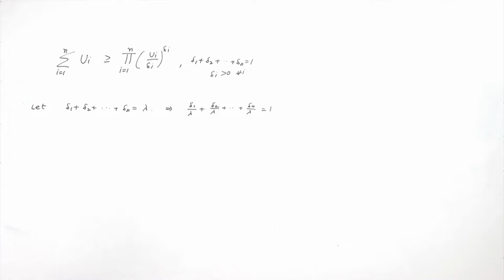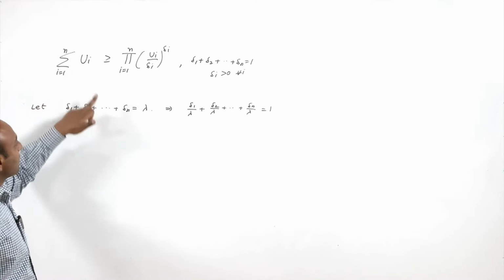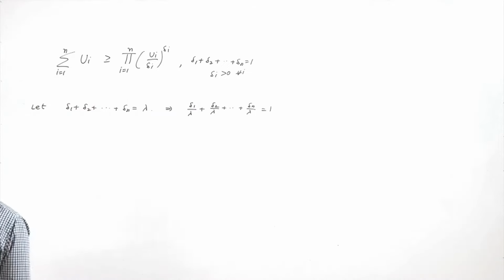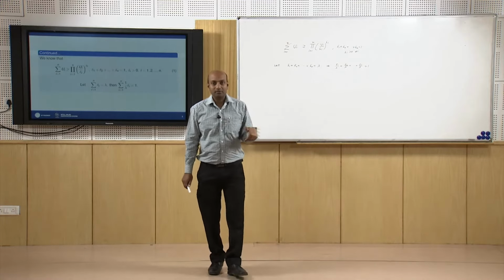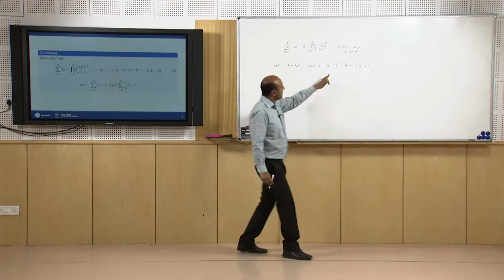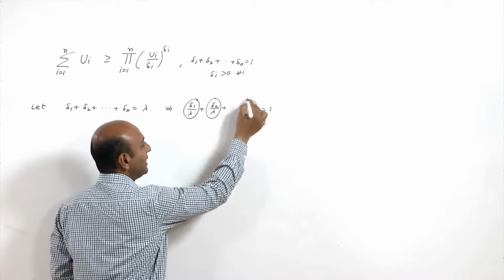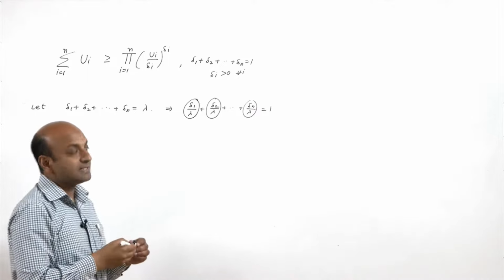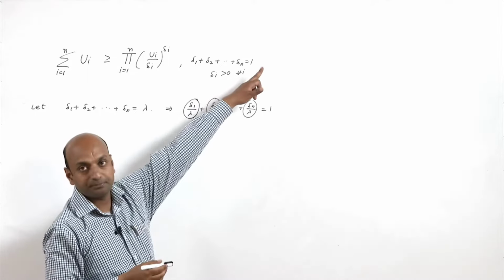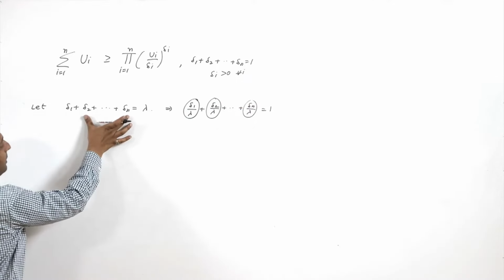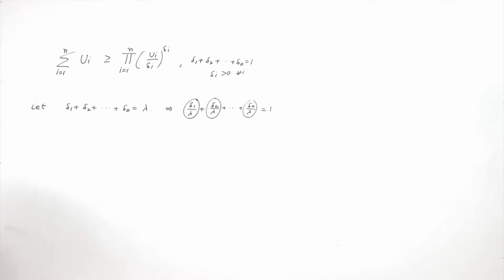That means to apply this inequality for this type of problem, we replace delta_i by delta_i upon lambda, because now the new deltas are delta_i upon lambda, whose sum is 1, and the inequality is applicable only when the sum of delta is 1.